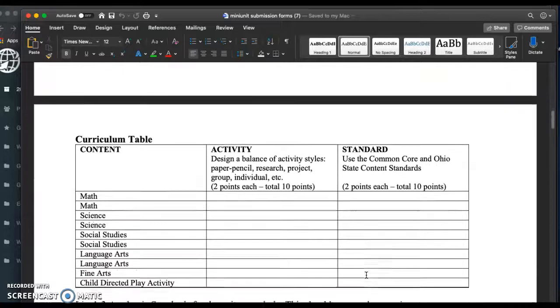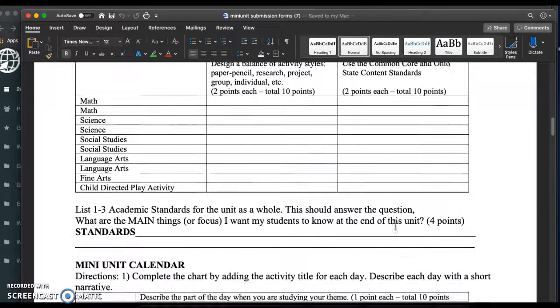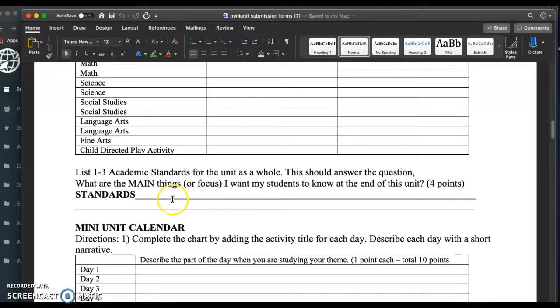Here's the curriculum table. So each are worth 2 points, a total of 10 for activity and a total of 10 for standards. Here is where you're going to write down the main things or your focus that you want the students to know at the end of the unit.